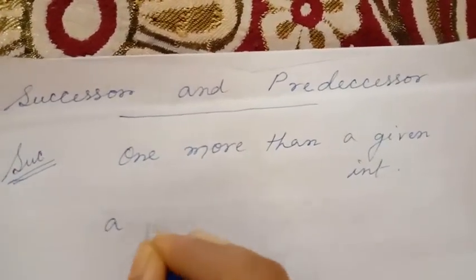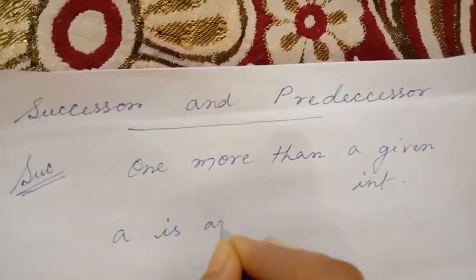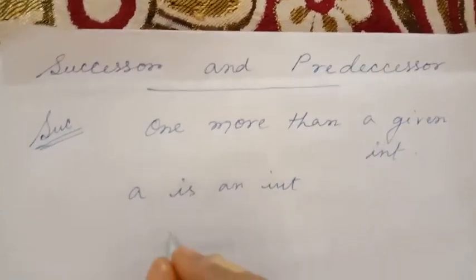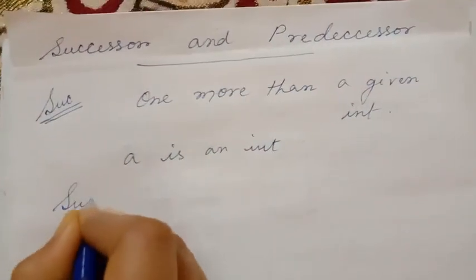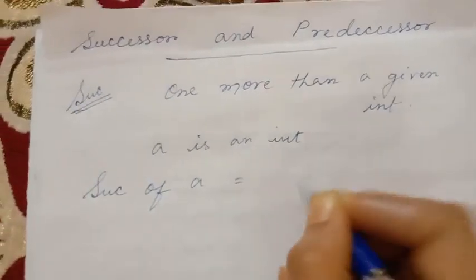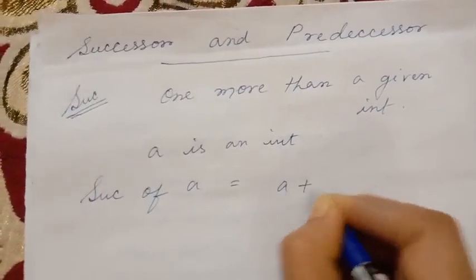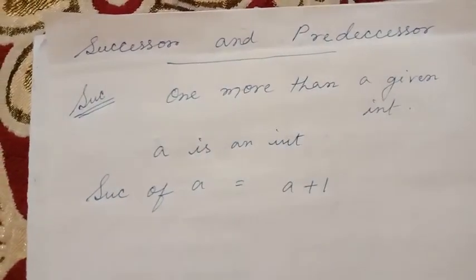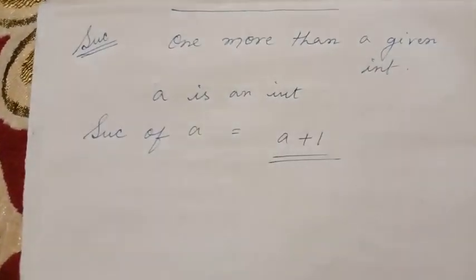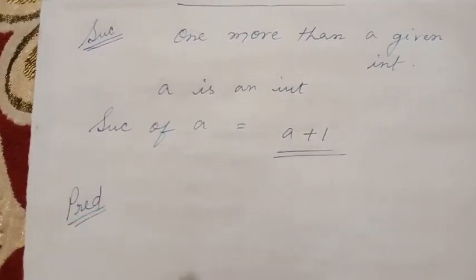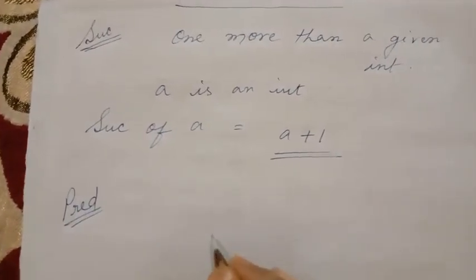If a is an integer, then we can write the successor of a is equal to a plus 1, because it is one more than the given integer. Now what is predecessor?